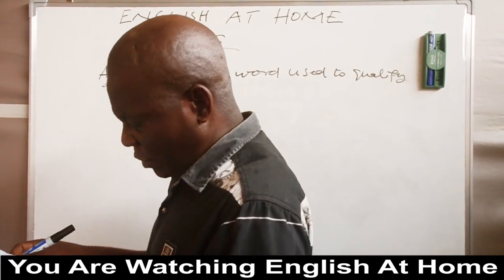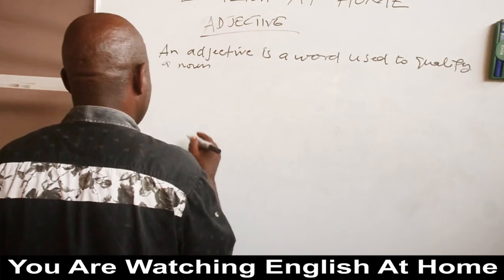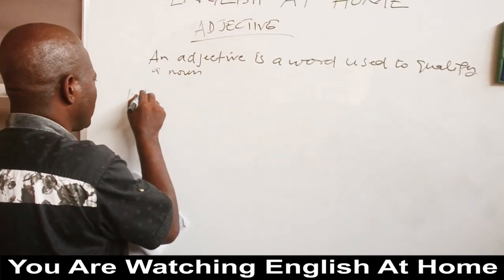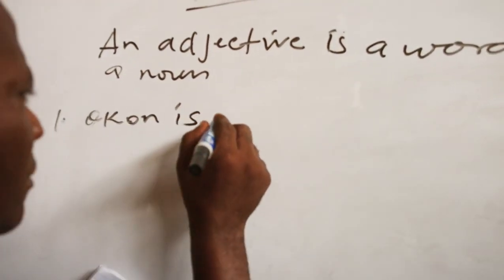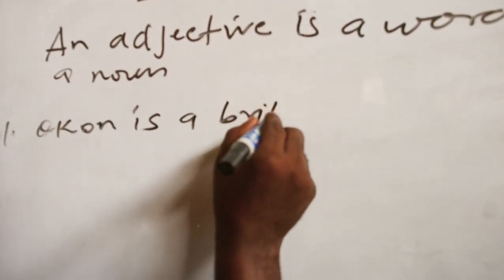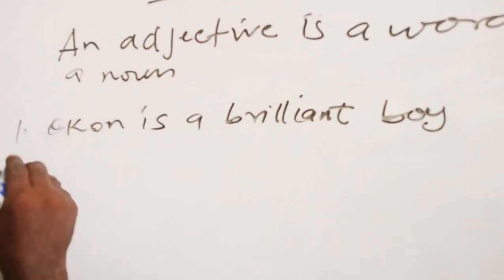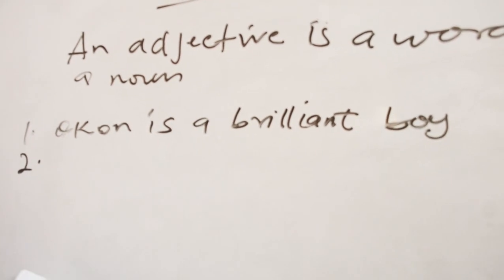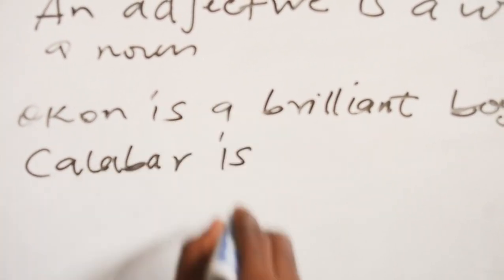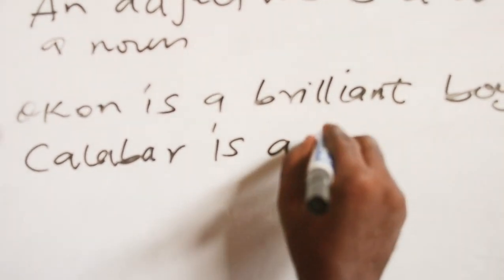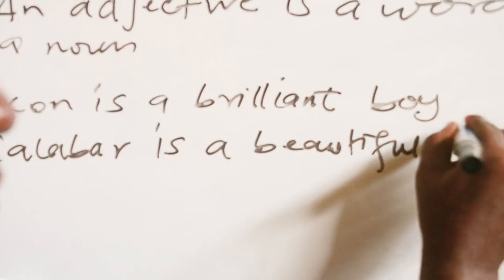All right, so we're going to see some sentence examples. Number one, Okon is a brilliant boy. Number two, Calabar is a beautiful city.